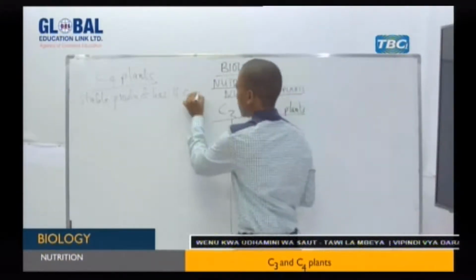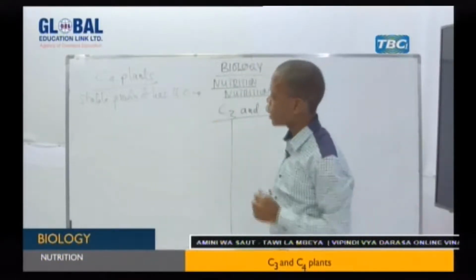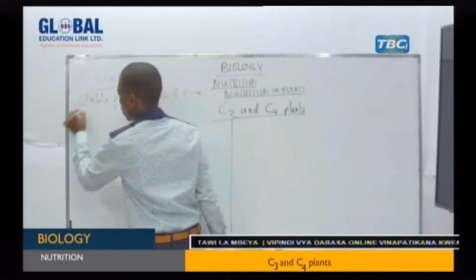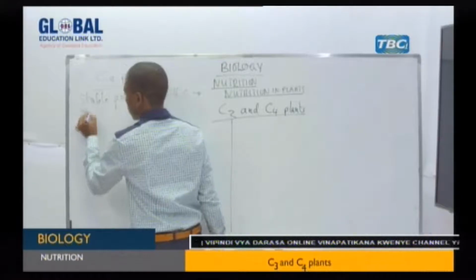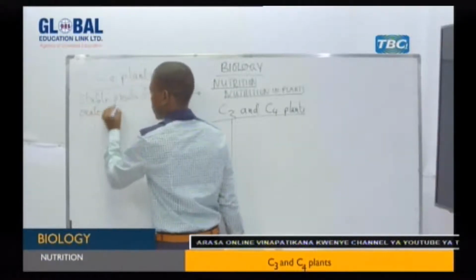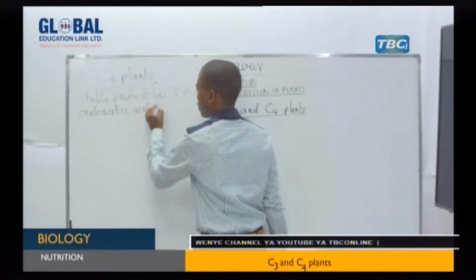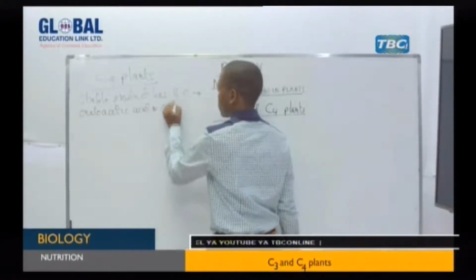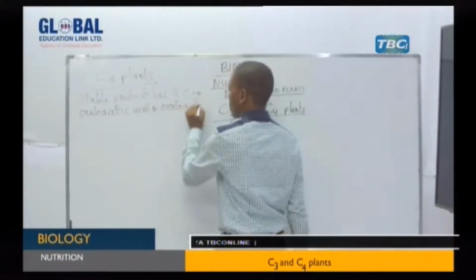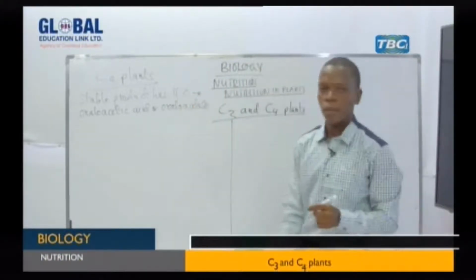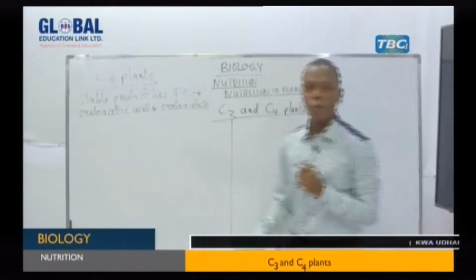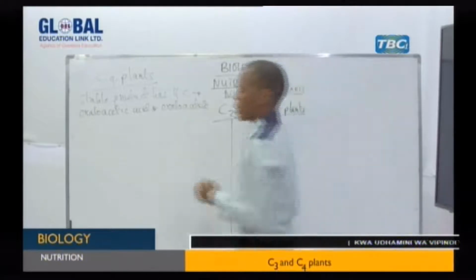This 4-carbon compound, which is formed in a C4 plant, is known as oxaloacetic acid, or we call it oxaloacetate. Okay, this is a 4-carbon compound.